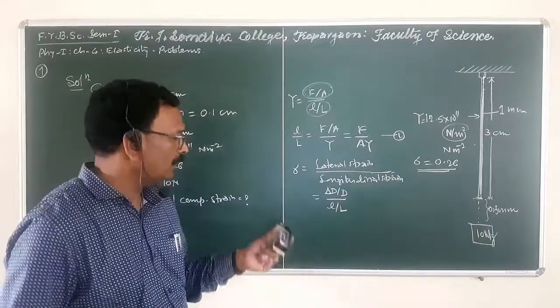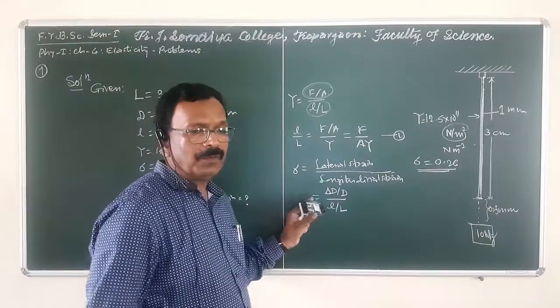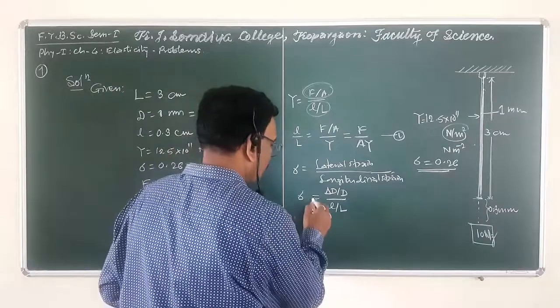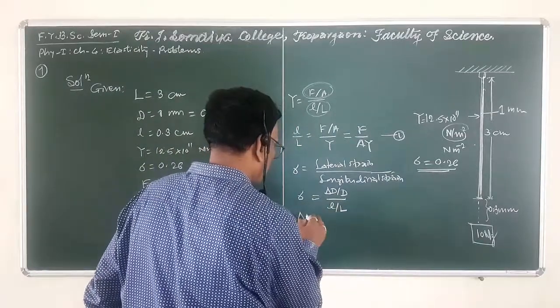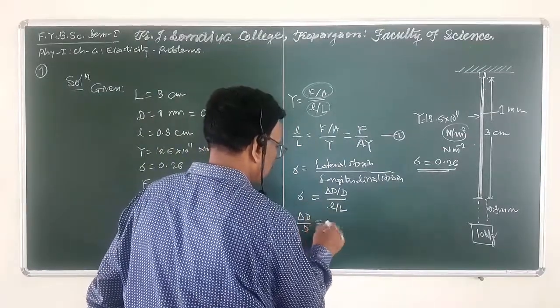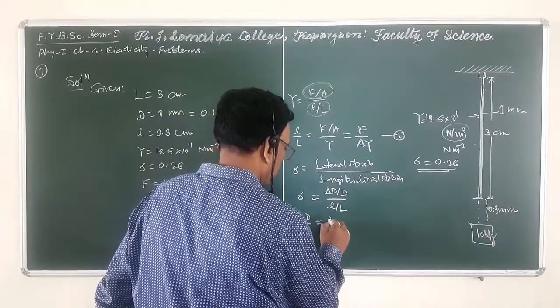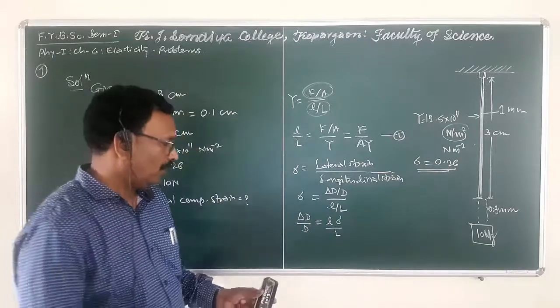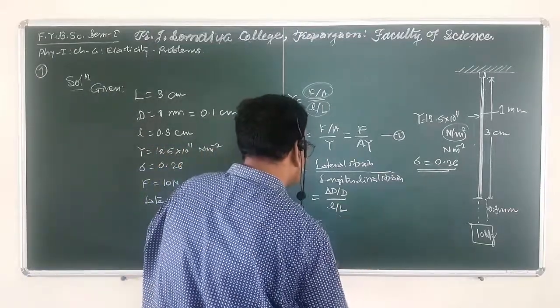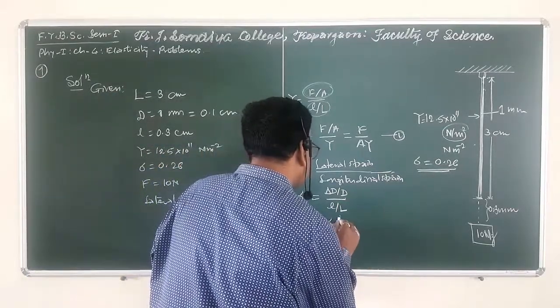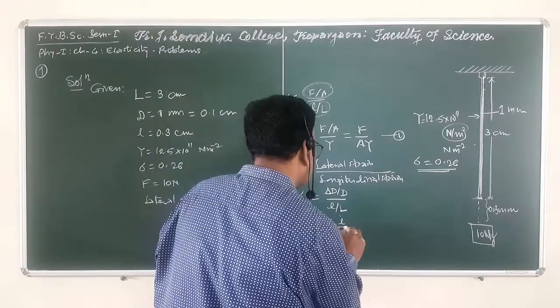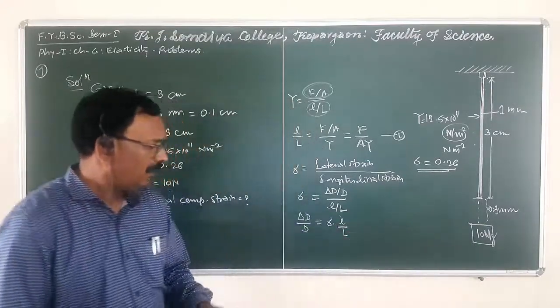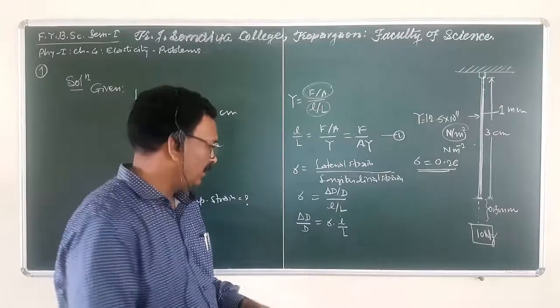Now, from this, we can write delta D upon D is equal to sigma into small l upon capital L. One and the same.